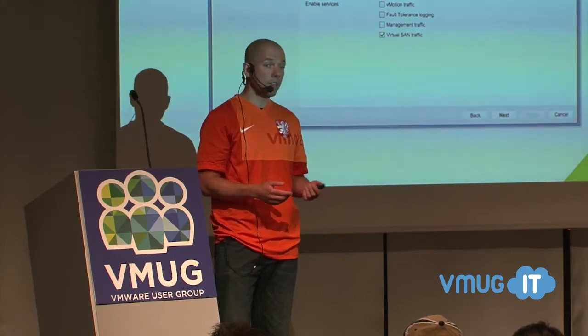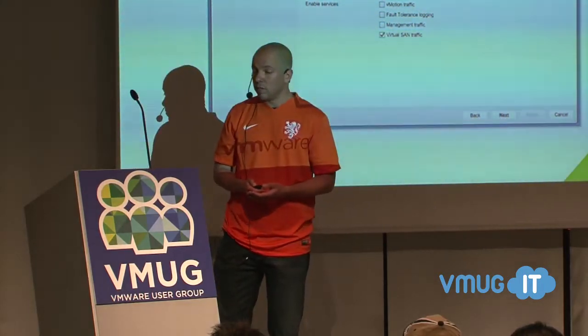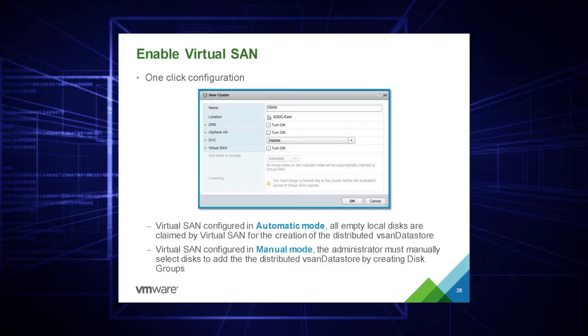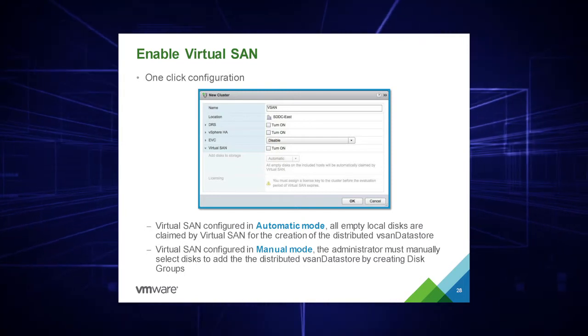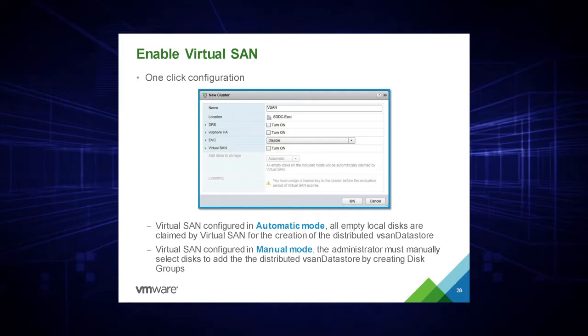You set up a VM kernel, you tick the virtual SAN traffic tick box, you give an IP address, and that's all you need to do. As soon as you set up the VM kernel on each of the nodes that's part of the virtual SAN environment, the next thing you will do is go to your cluster object. And guess what? Again, you will click that single tick box, and you're done. Virtual SAN will start building itself.